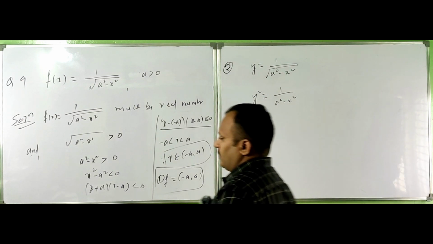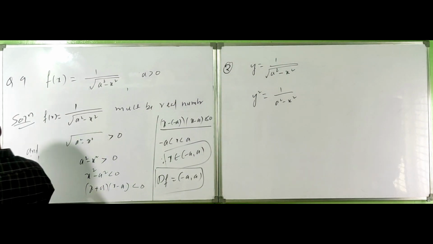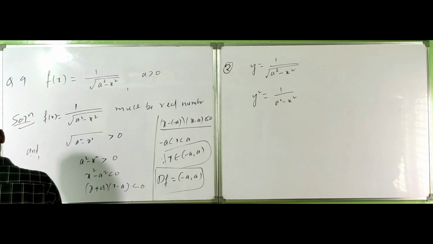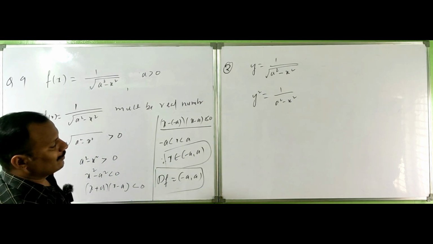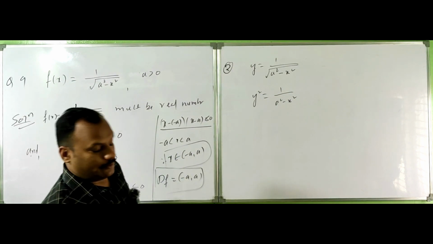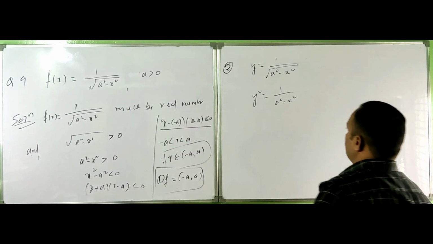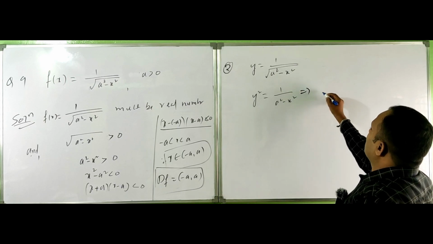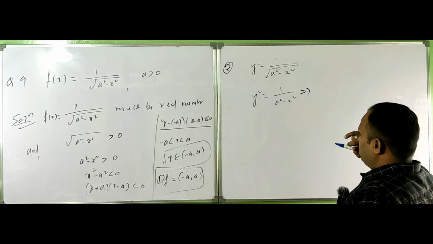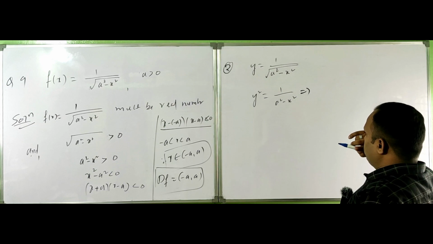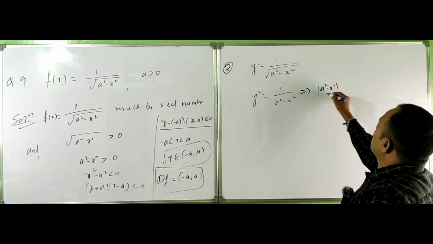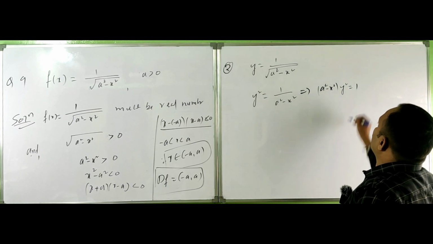Next step, what to do? This implies a square minus x square times y square is equal to 1.